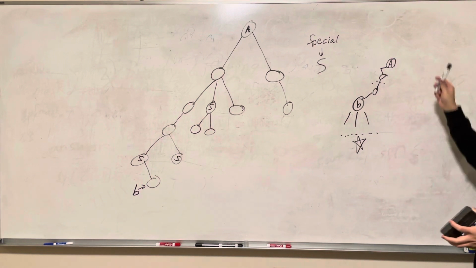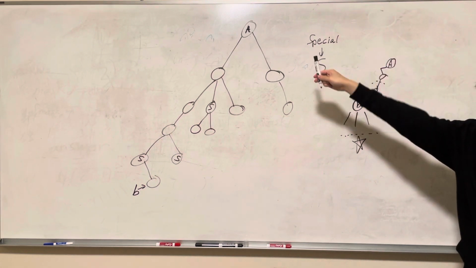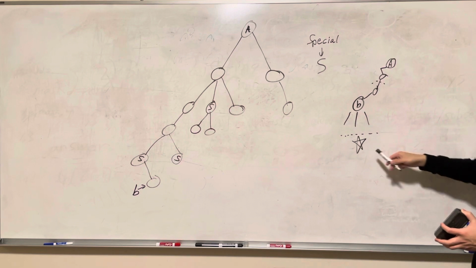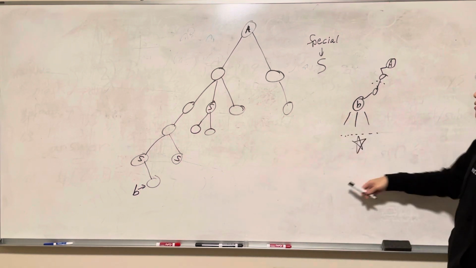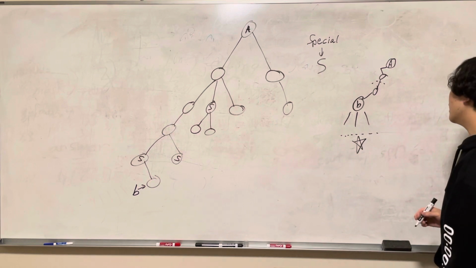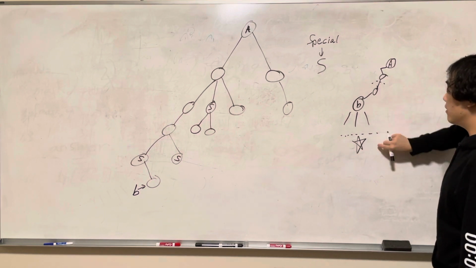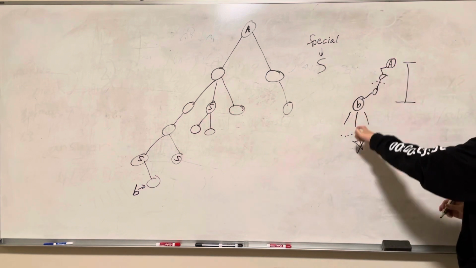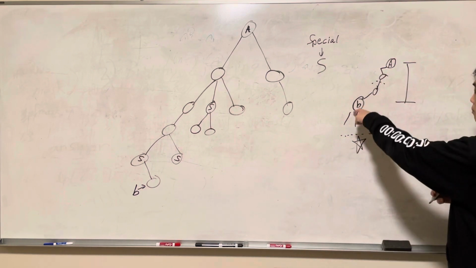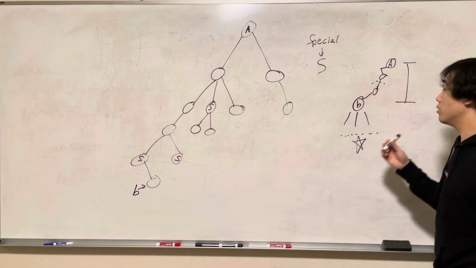We know that because A is a root, A is an ancestor of B, and B is an ancestor of a special node, which means that no matter where the special node is located inside of the subtree of B, the distance from A to the special node is the distance from A to B, plus whatever the depth is, plus the distance from B to the special node.